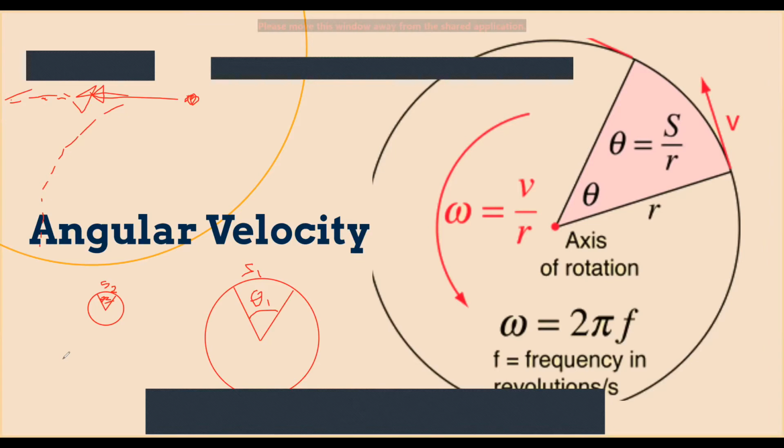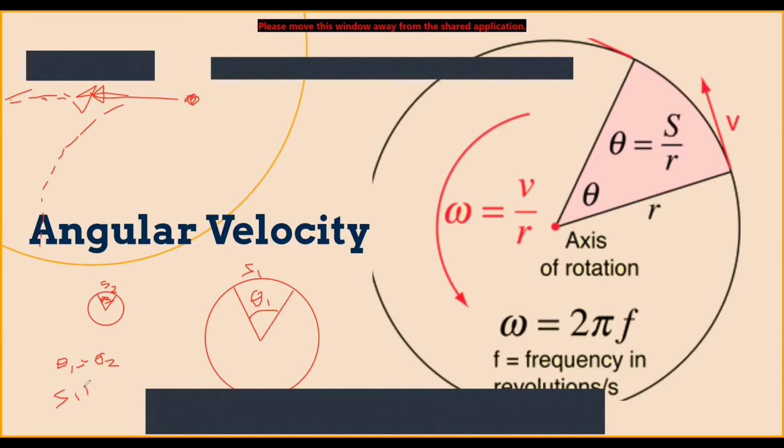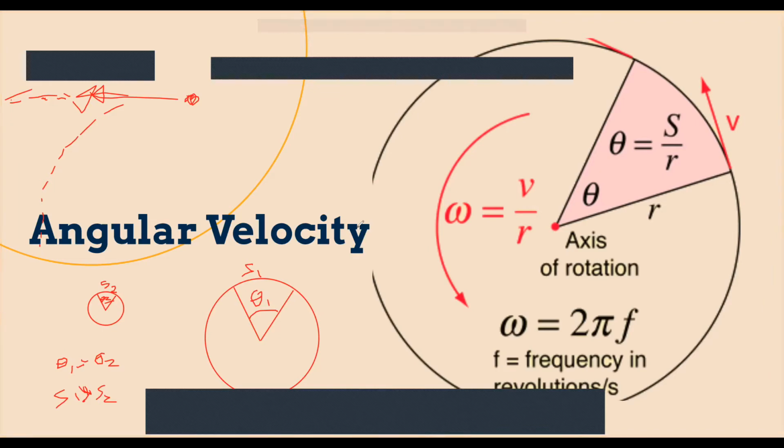Your theta, which is your radians or degree, is equal in both scenarios, but your arc length is not, because it's a larger radius. So your S1 is actually greater than your S2. This is why we use angular velocity, because sometimes your circles will not be the same. But if you use radians per second, it's uniform. It's the same for both scenarios, because the angle does not take into account your arc length.